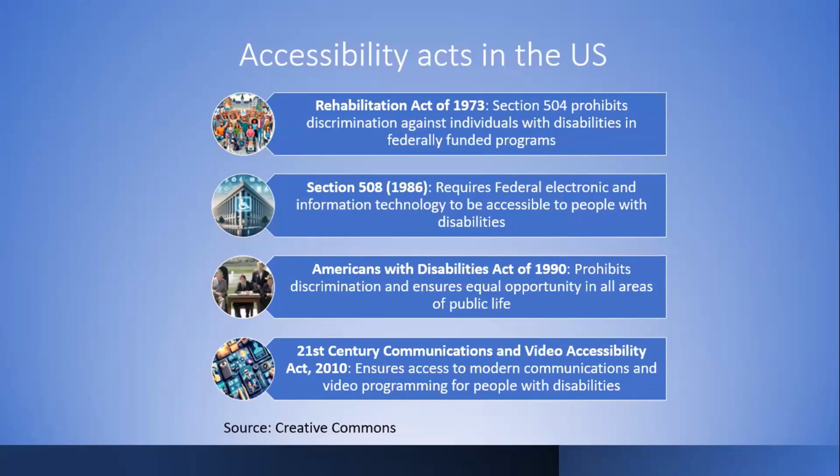So not only the photos, but even the videos require a lot of accessibility. For the hearing impaired, you have closed captioning, and for the visually impaired there are other forms of accessibility which have to be incorporated in the videos and images.